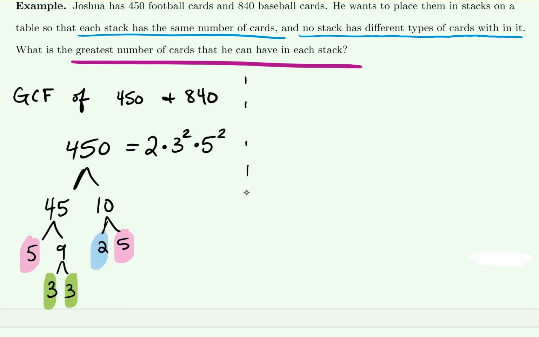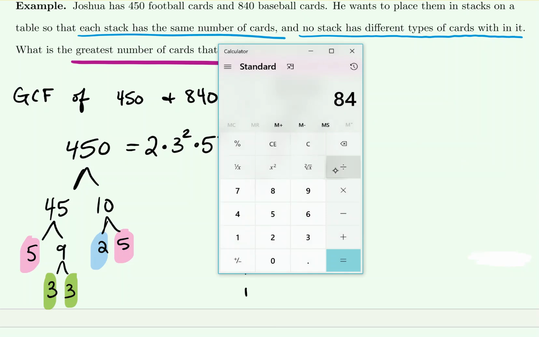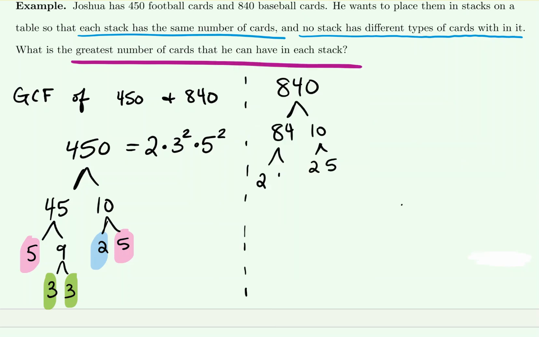Next we find the factor tree and prime factorization of 840. This is the same as 84 times 10. You could also divide it by 2. It would get the same prime factorization, just slightly differently. We know 10 can be split into 2 and 5 in its factor tree. And then 84, it is even, so I could divide by 2, and we get 42. 42 is the same as 6 times 7. 7 is prime, so it doesn't need to be split. 6 needs to be split further to 2 times 3.